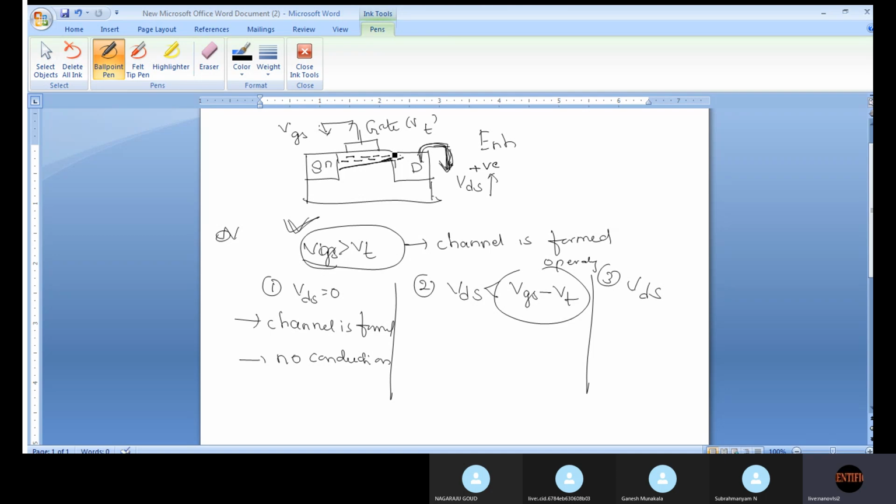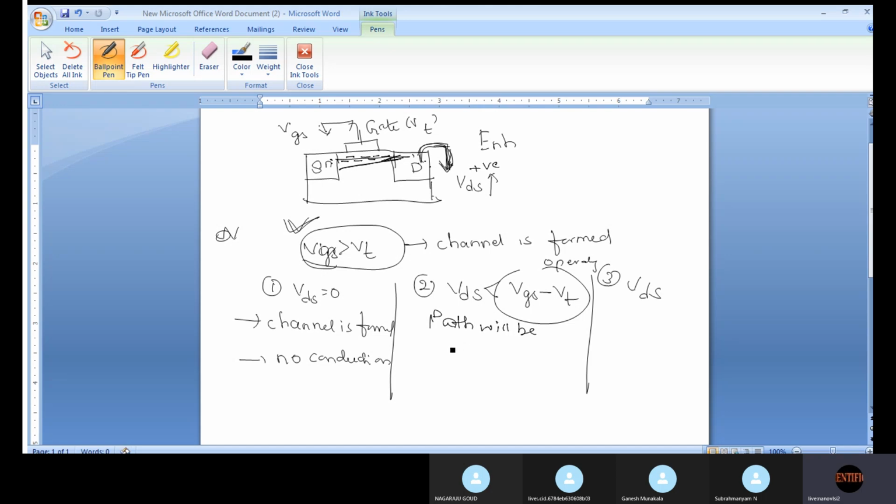Here the channel will become thin, but still the path will exist from source to drain.